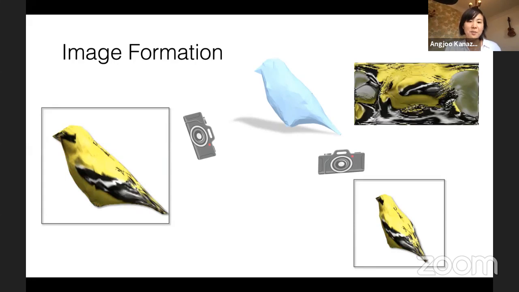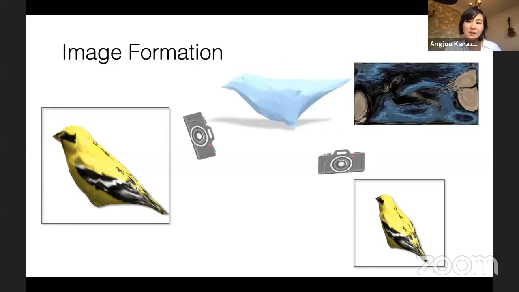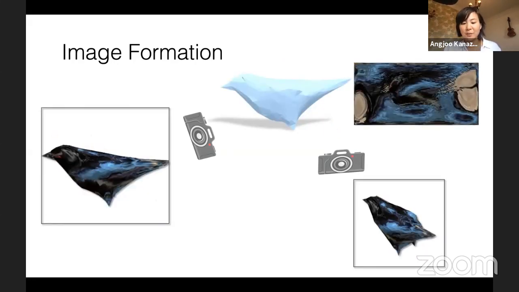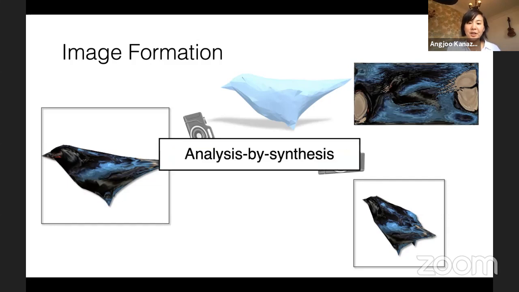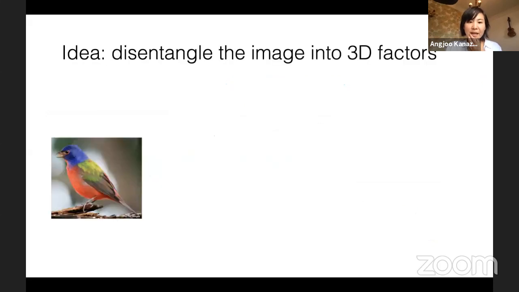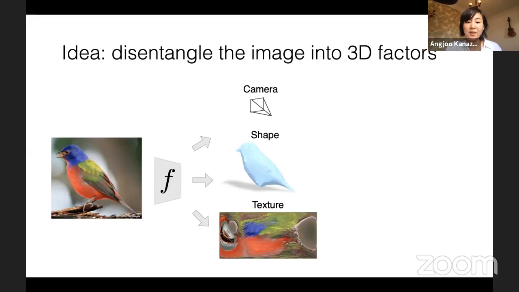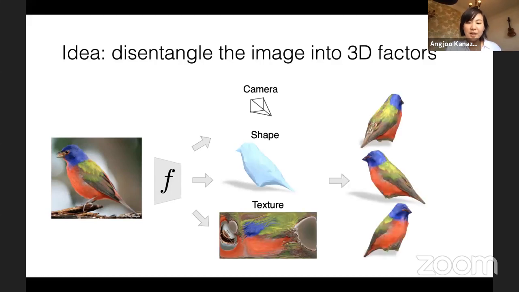And you can also change the pose, as well as shape, as well as the appearance, and obtain different kinds of bird images. Okay, so we take advantage of this factorization structure and follow this concept of analysis by synthesis, where the idea is to disentangle the image into these 3D factors: camera, shape, and texture, such that when composed together, it can reconstruct the original input image.